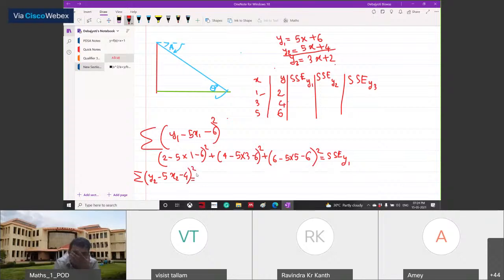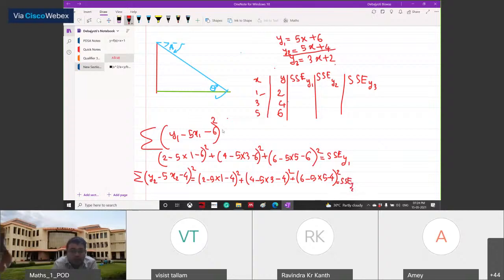Then again, 2 minus 5 into 1 minus 4 whole square, plus 4 minus 5 into 3 minus 4 whole square, plus the last part, 6 minus 5 into 5 minus 4 whole square. This is your SSE for y2.